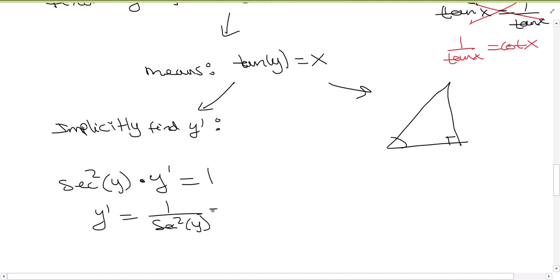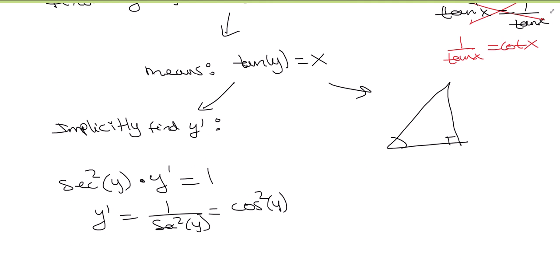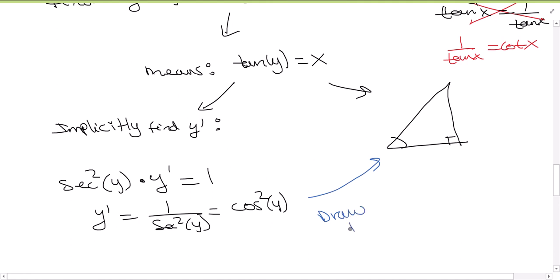But 1 over secant is really cosine, right? So then this is really cosine squared of y. So my goal is, I should have y prime in terms of x. So that's when we go back and draw the triangle with what I know, that tangent of y equals x. So place our y or angle there.